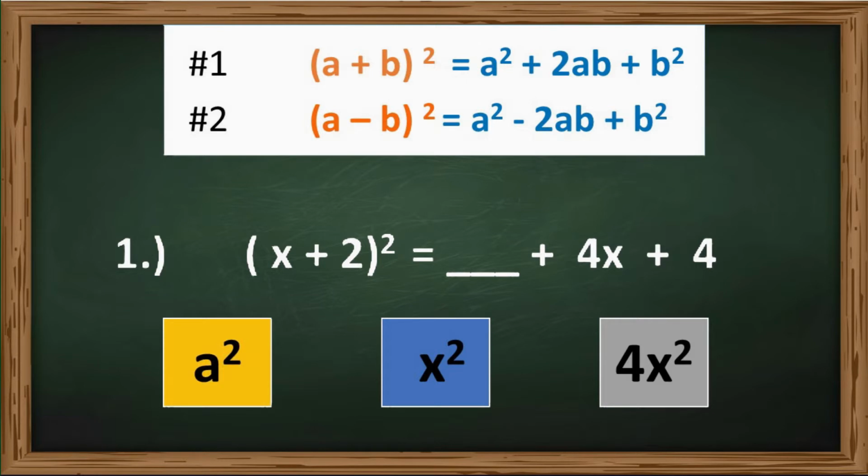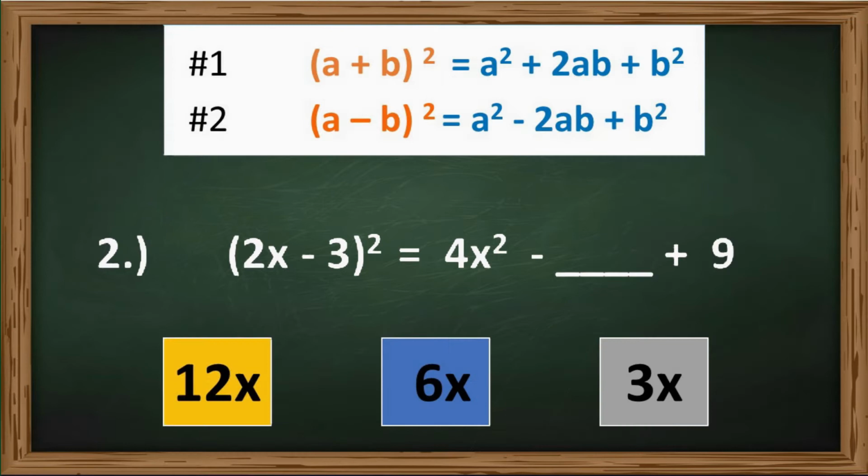Based on the pattern, we will square a for our first term. Then, what will be the first term of the product? Our a is x. Then, the square of x is x squared. Very good.